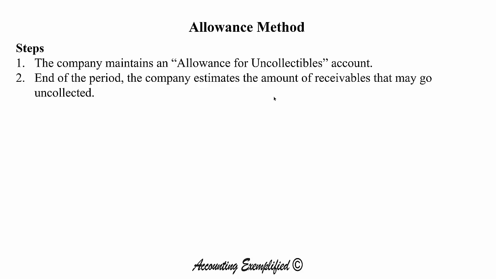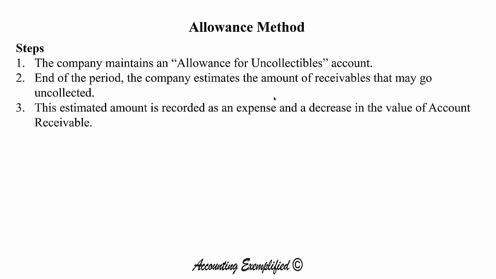Usually for corporations, the end of the period is the end of the quarter, that's at the end of every 3 months. This estimated amount is recorded as an expense and also as a decrease in the value of the accounts receivable. Note the word, guys: it's a decrease in the value. In this method, we will not have a direct decrease in the accounts receivable, but we will only decrease the value.